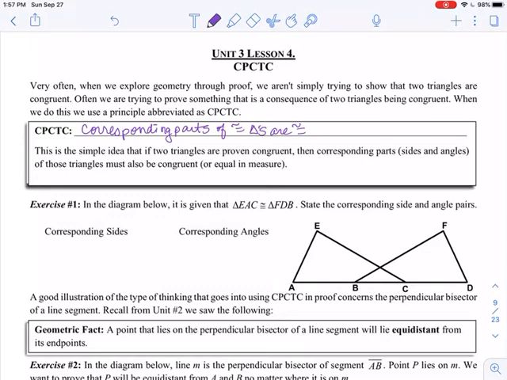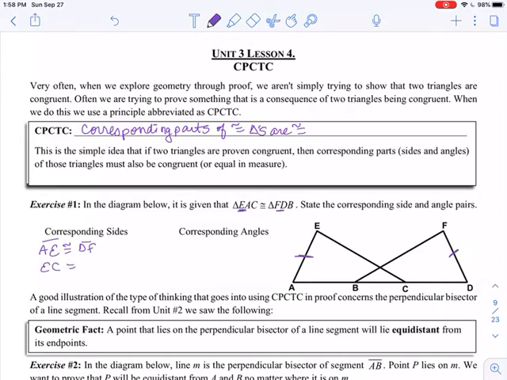And we have triangle EAC, and that's on the left, and I have triangle FDB, that's on the right. I want to state the corresponding sides and angle pairs. So AE right here is going to be congruent to DF. And I can tell by looking at the picture, but I can also tell by the letters. Remember, AE is the first and second letter, and DF is the first and second letter.